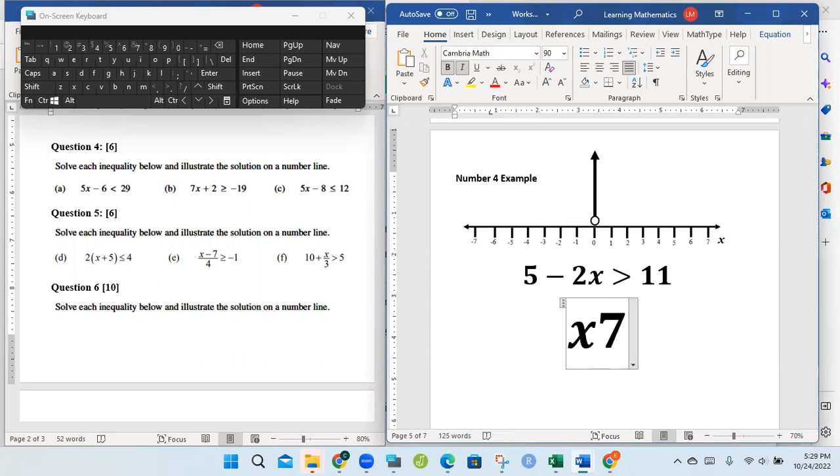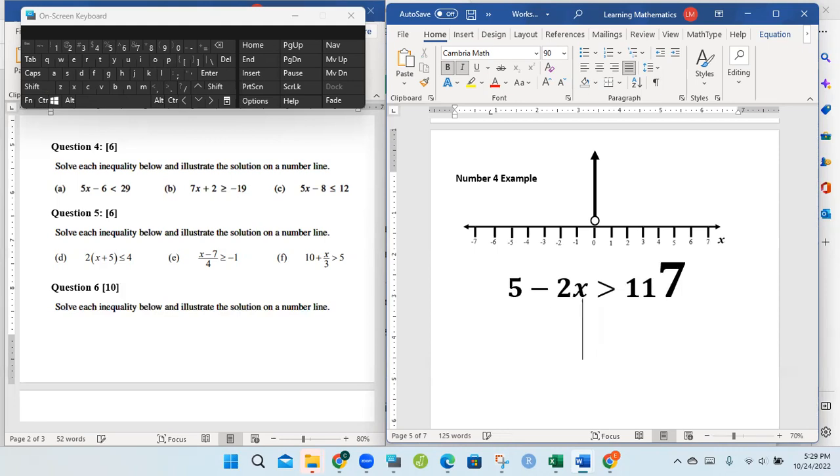If you have to put x equal to 7 on a number line, you just put a filled circle, a dark circle on 7 with no arrow, because that's it, 7. But with an inequality, it is a set of numbers on the right side of 7.